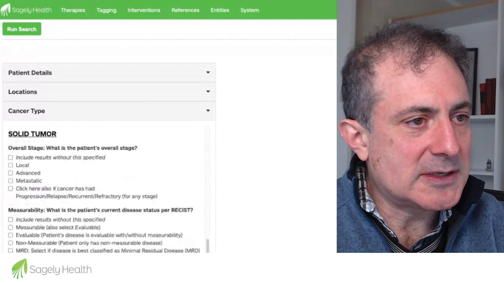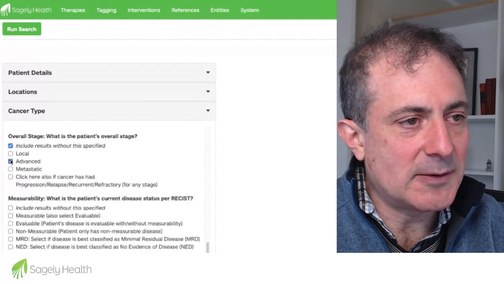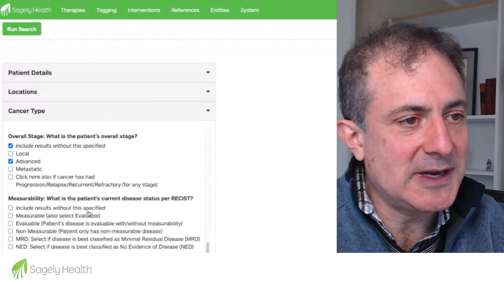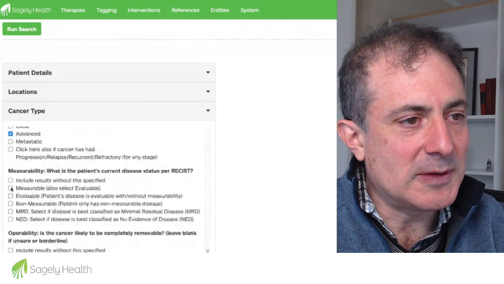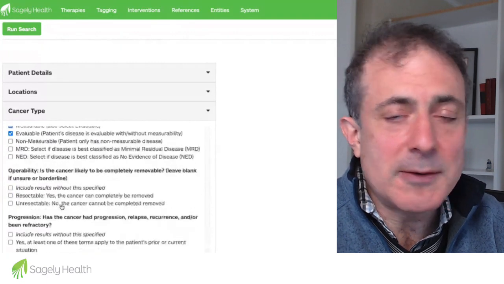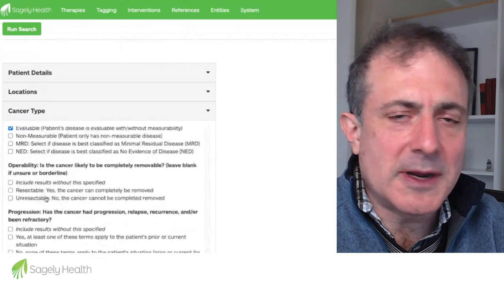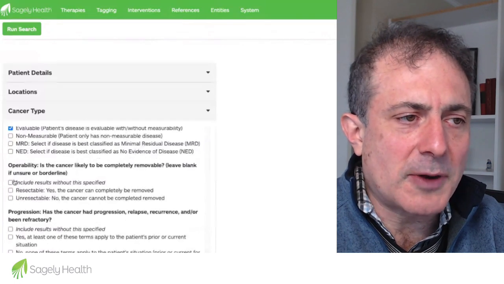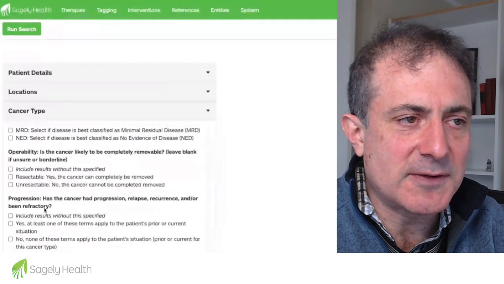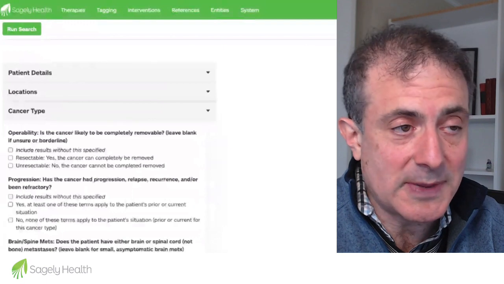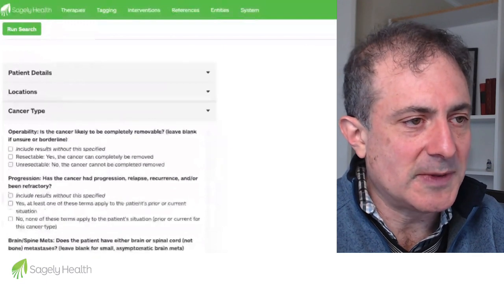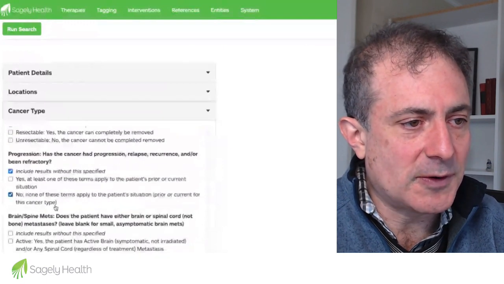All right, so let's go and say advanced. I would put this in the stage 3 arena. Certainly measurable. I would say it is operable, but perhaps we hold off on that just to see if there's something that we can do to put this patient into a better situation. This is not progressed.